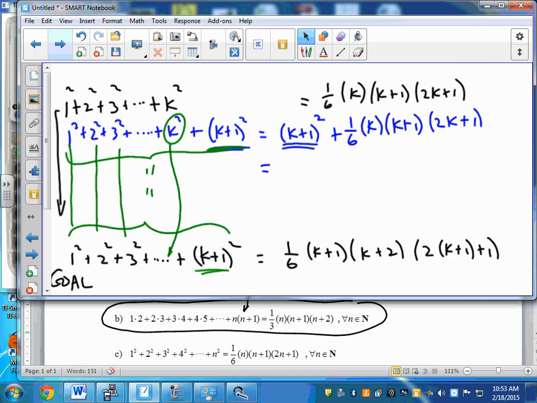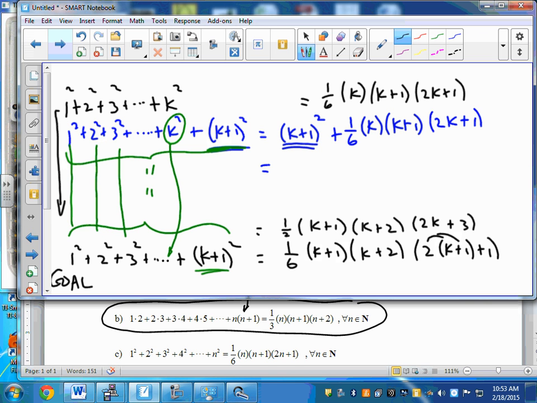You can work a couple of ways here. If you work backwards, that's useful for a lot of folks. We have 1/6 times k plus 1, k plus 2, and this, if we multiply out, what's that? That's 2k plus 3.